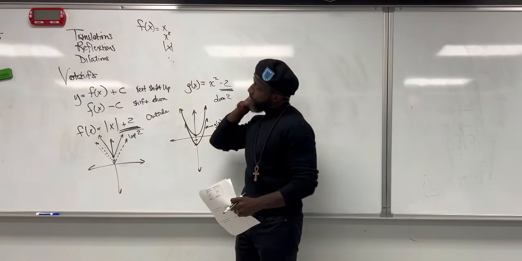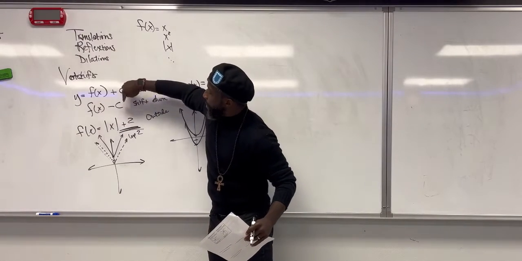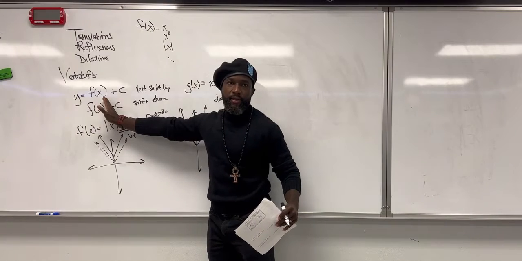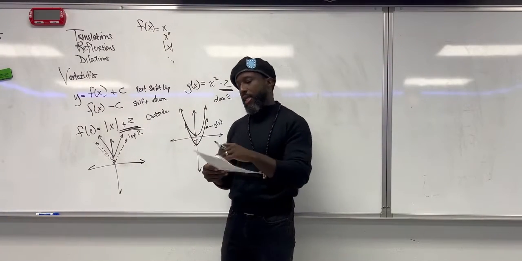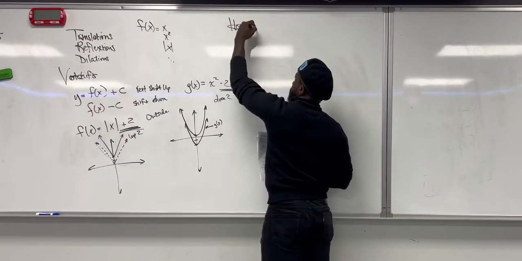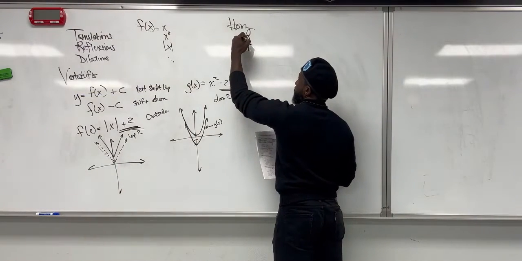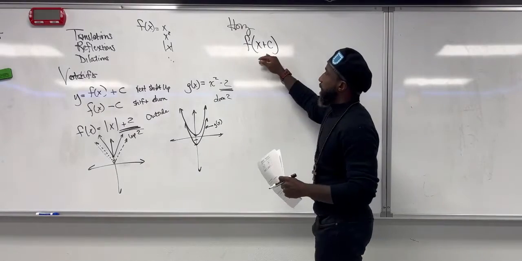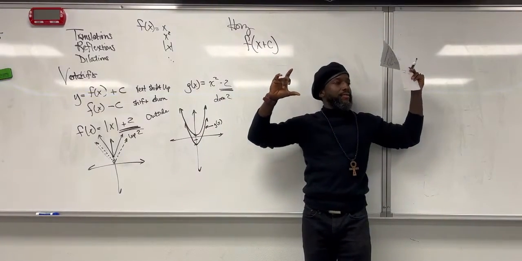So these are vertical shifts. Vertical shifts have the number outside of the functional term. Horizontal shifts are going to take place inside. Look at the second box. A horizontal shift is going to be where it's f of x plus c, which means the number is inside of whatever grouping symbols identify our function.